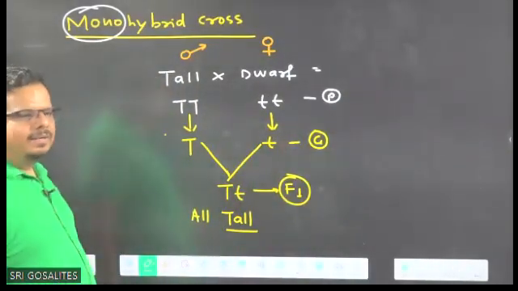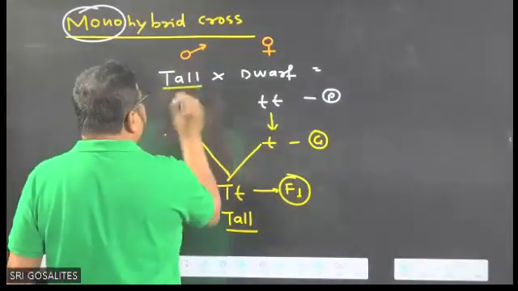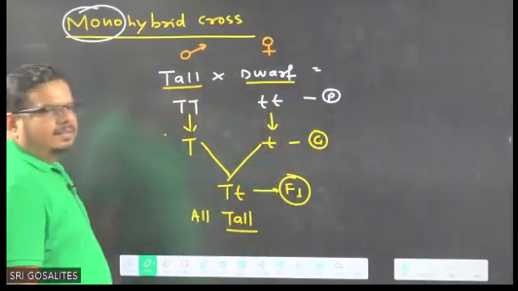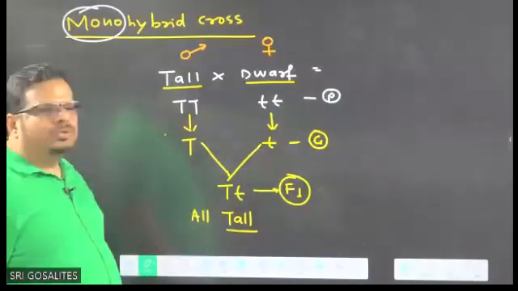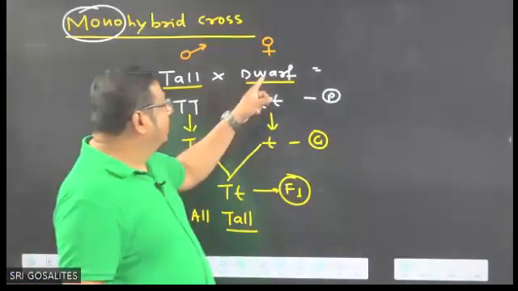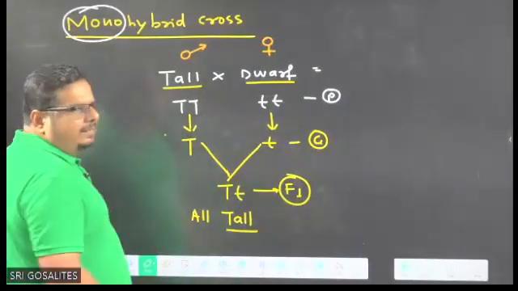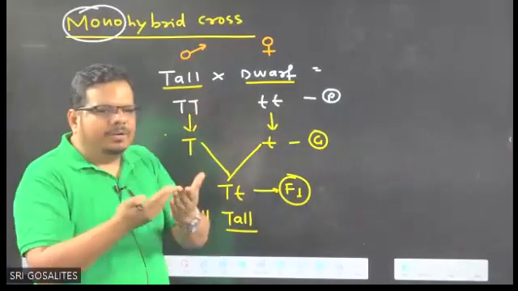So just try to understand once again. This is the tall pea plant crossed with a dwarf pea plant. The genotype of the tall is pure line. Pure line means homozygous, here capital TT. The genotype of the dwarf is small tt. When capital TT crosses with small tt, sexual reproduction occurs.